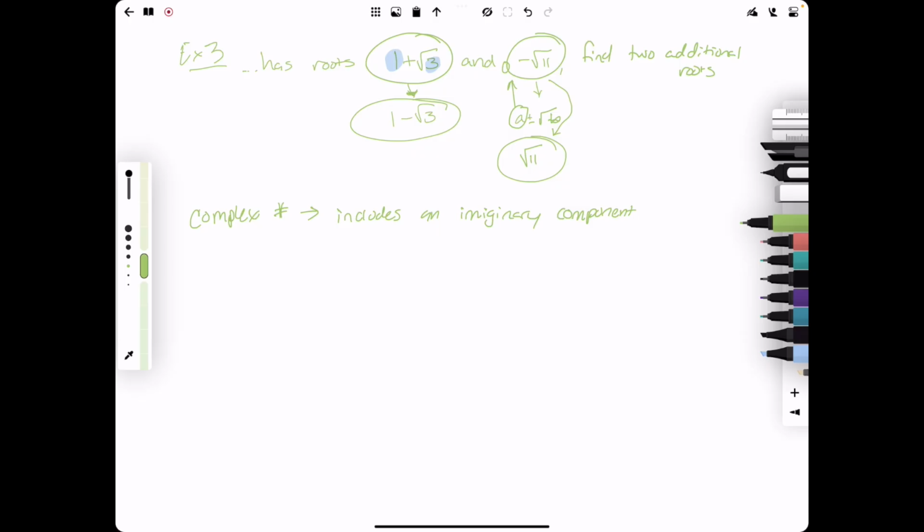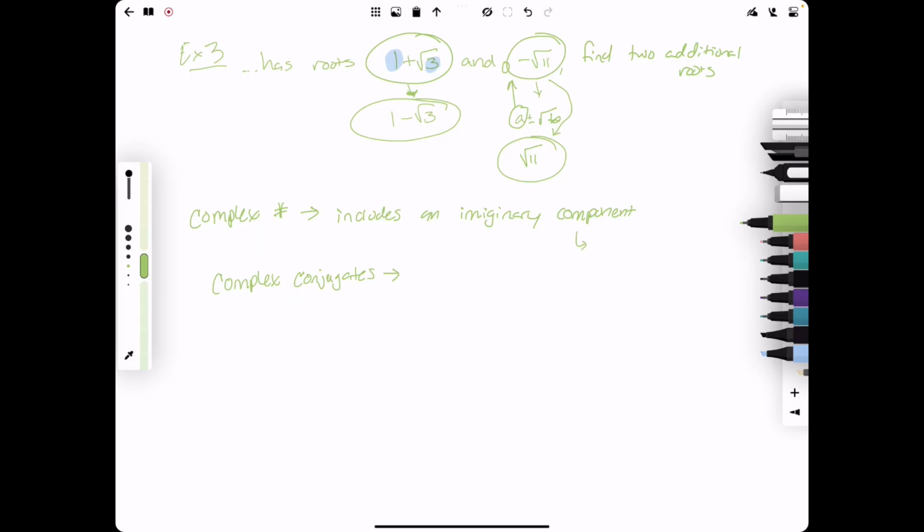So we can have complex conjugates. It's ever so fun to spell conjugates, isn't it?